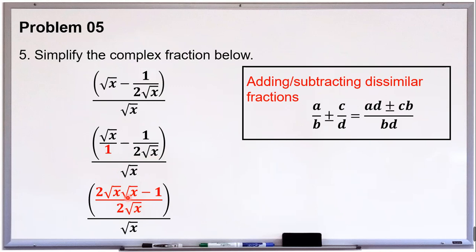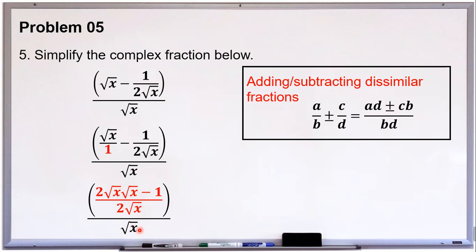And then for the first term of our numerator, the shortcut is cross multiplication, so we cross multiply square root of x and 2 square root of x, so you have 2 square root of x times square root of x, and then cross multiply 1 and 1, so you have 1. Then copy the operation that is given in the problem, that's minus, so you have minus, then all over square root of x.